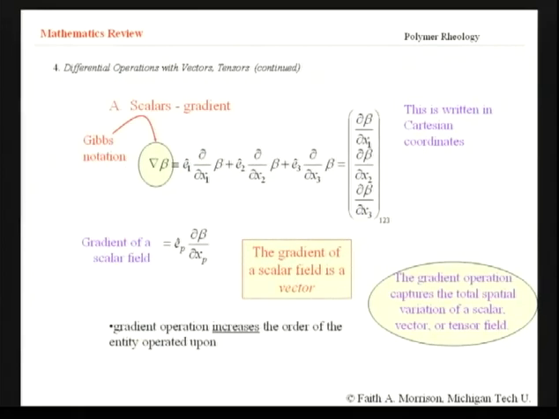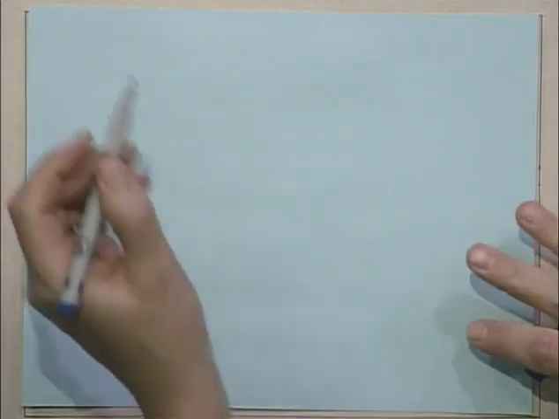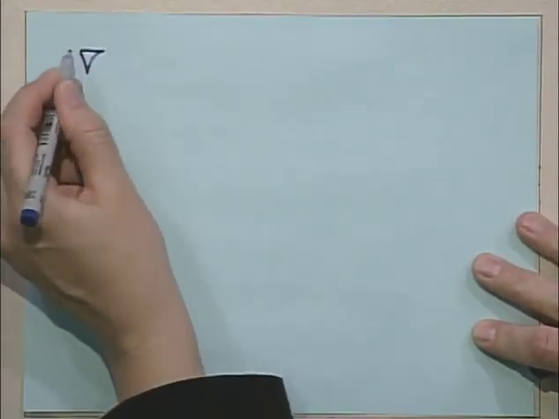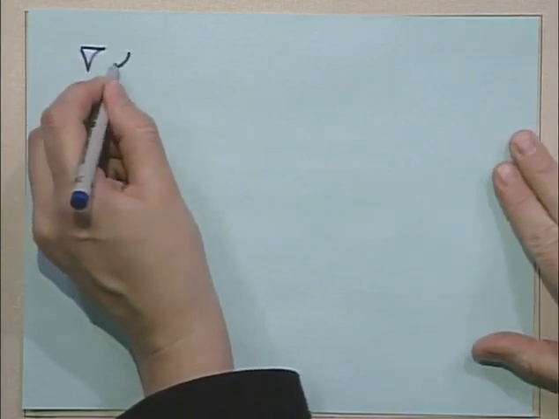Now, before I move on to vectors, let's investigate this phrase: it acts on everything to its right. So let's try this. What's the gradient of alpha times beta?